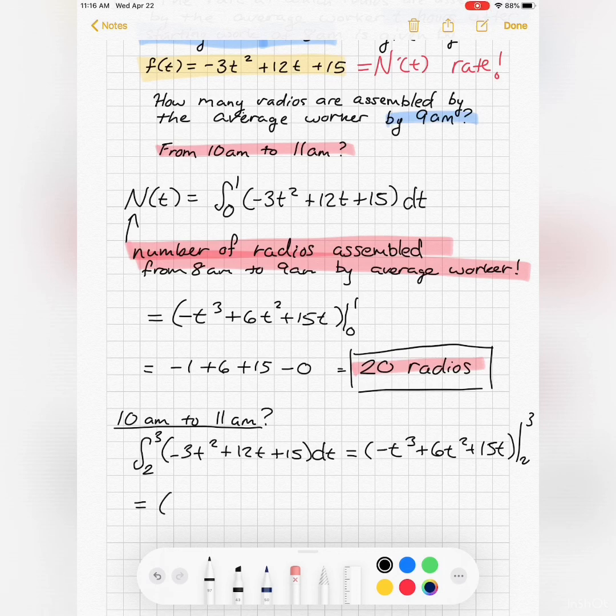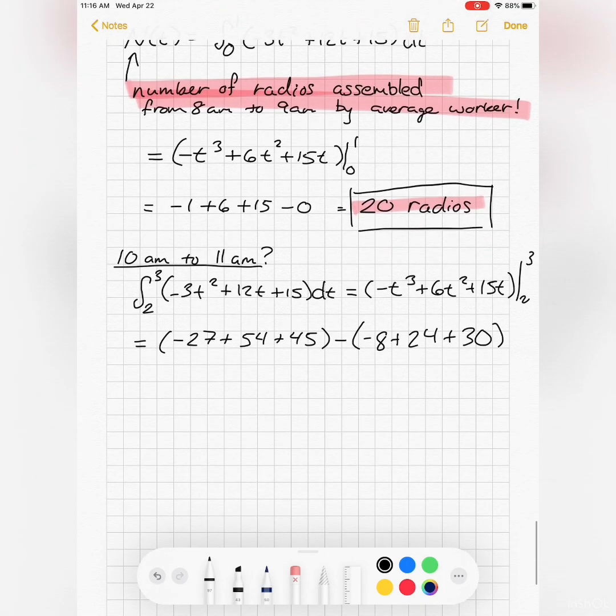Okay, this part's more interesting. So then I plug in the 3. 6 times 9, 45. And then subtract. I plug in the 2. Okay, hopefully I got all that right. So that's what? 27 plus 45.